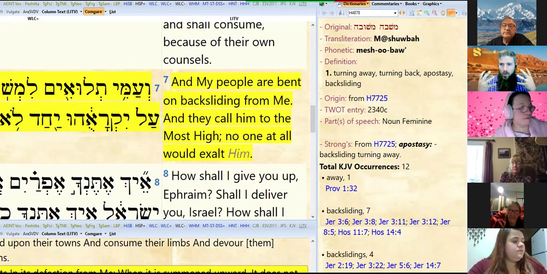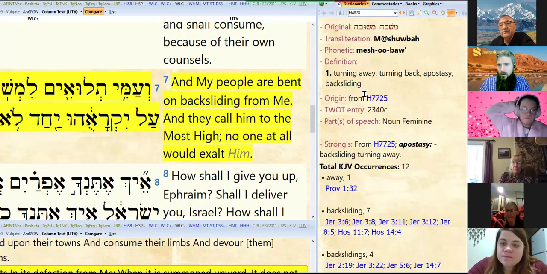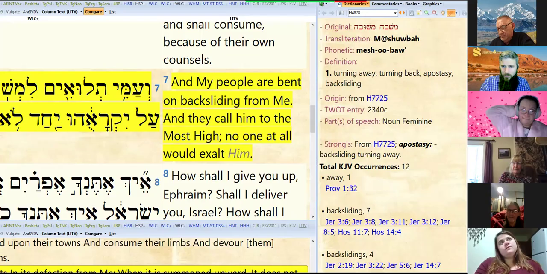I'm thinking more, what noun could best translate this rather than an action per se. So turning away, turning back, I can see that, but apostasy, that's a noun. Backsliding, that's a noun. I guess if you think of turning as being a participle, or a gerund, that could also be a noun, an adjective being used substantively, but I digress.